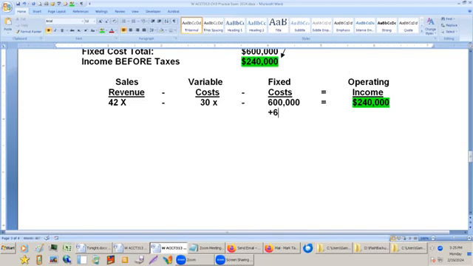Minus 600,000 plus 600,000 gives us 0. $42x minus 30x is 12x. 600,000 drops out. 840,000.